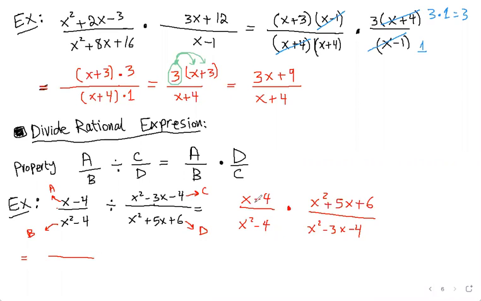It's factored already. No factor for this one. What's the factor for this one? x minus 2 times x plus 2. What's the factor for this one? x plus 5. Hold on, sorry, I need two numbers.